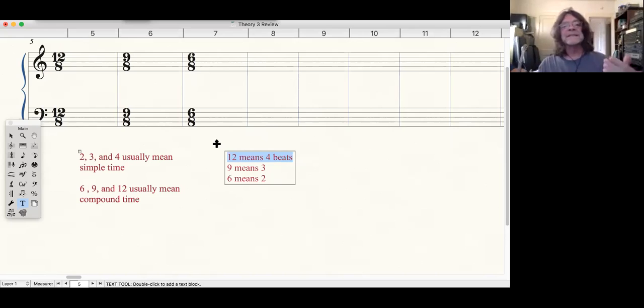But again, compound time does not mean there's 12 beats in the measure and the 8th note gets the beat. In compound time, 12 means 4. And the 8th note gets the subdivision of the beat. In other words, there are 3 8th notes in every beat. Let me demonstrate here.